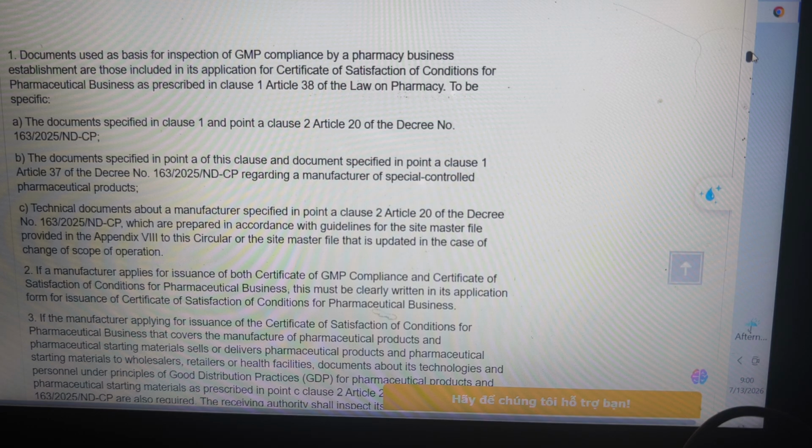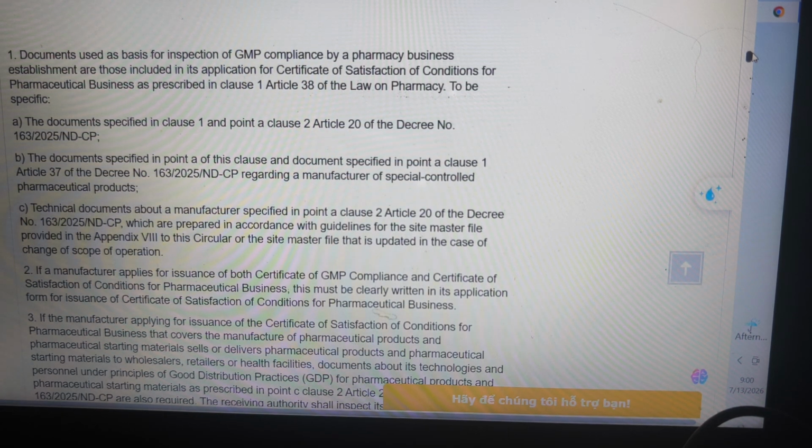Technical documents about a manufacturer specified in Point a, Clause 2, Article 20 of Decree Number 163/2025 of the Government, which are prepared in accordance with guidelines for the site master file provided in Appendix A to this circular, or the site master file that is updated in the case of a change of scope of operation.